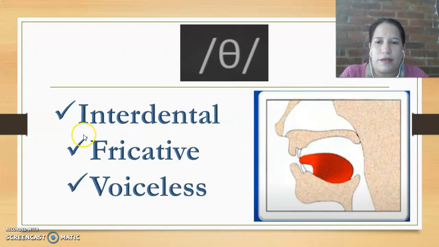It is an interdental sound that is articulated between the front teeth and the tongue, towards the upper teeth in a very strong way. This is a fricative sound, that is to say that the strong sound of the tongue produces friction and turbulence.